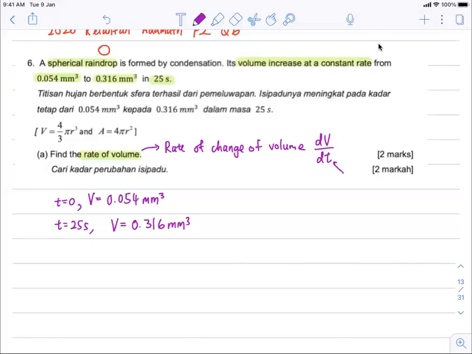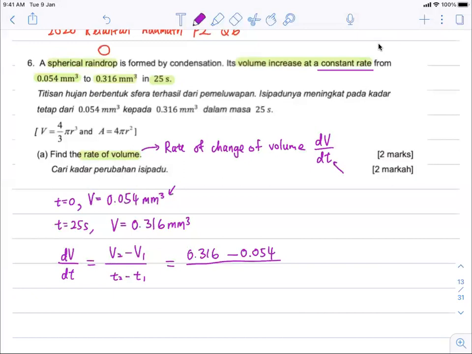So to find dV over dt, the question already tells us it's changing at a constant rate. So we can simply find dV over dt by using dV over dt equal V2 minus V1 over T2 minus T1. V2, which is the final volume, is 0.316 and V1 is 0.054.